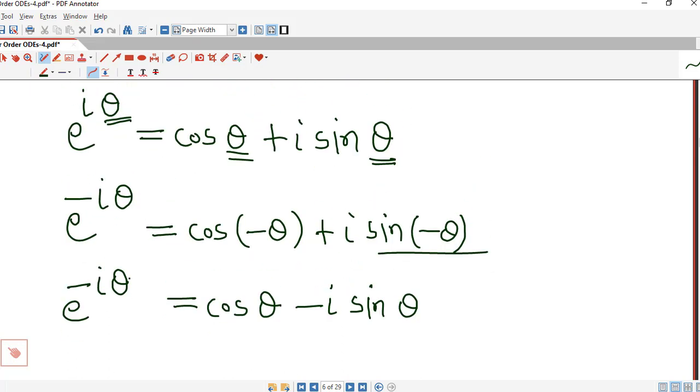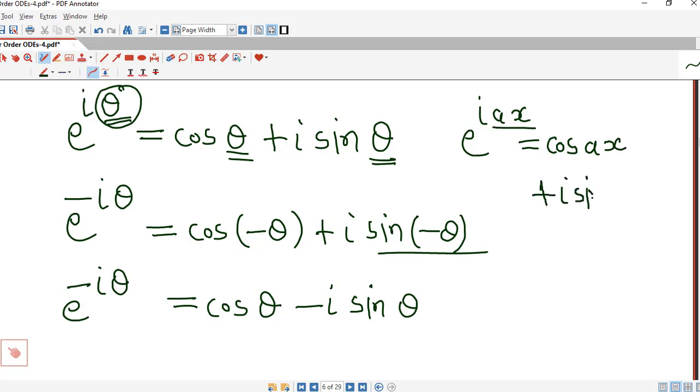Similarly, we can put anything instead of theta. So suppose I have e raised to i into ax, then I can rewrite this by replacing theta by ax, so cos ax plus i sin ax.